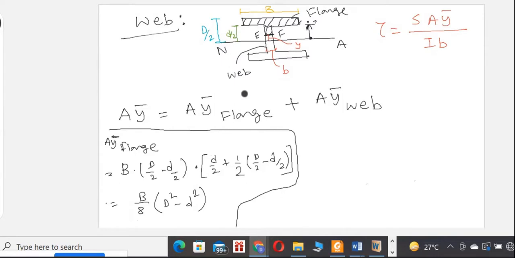So now you are calculating the A y bar for the web portion, the small web portion that remains between the junction of this flange and web and EF.